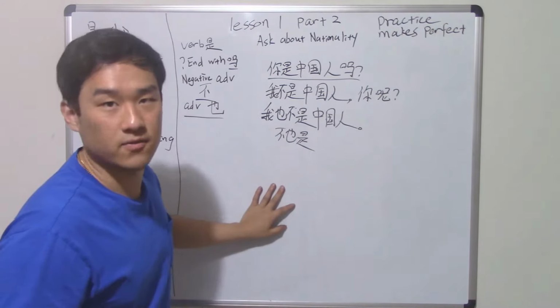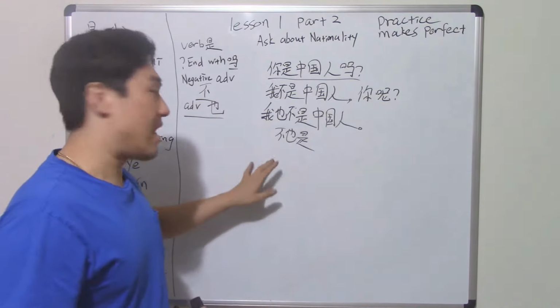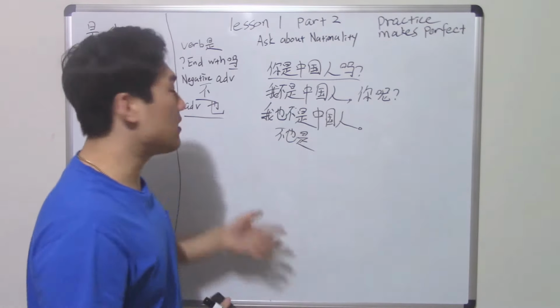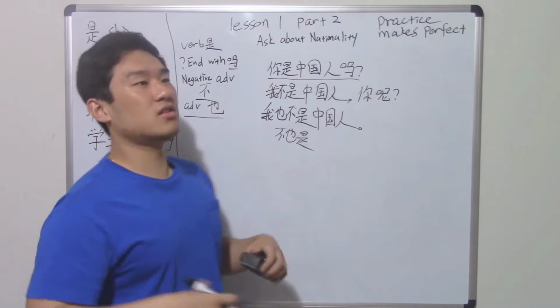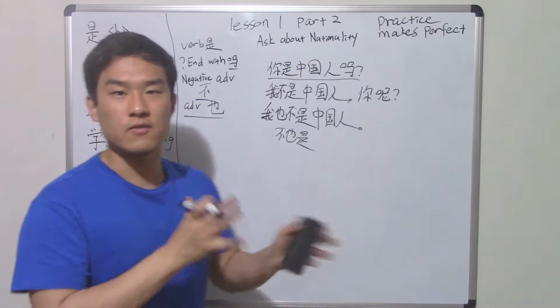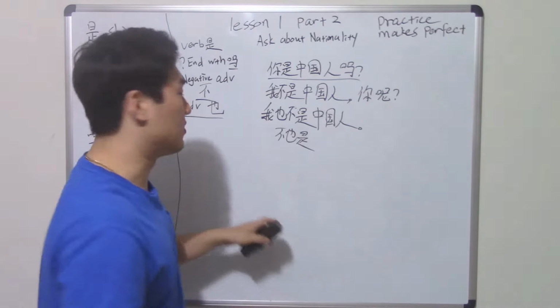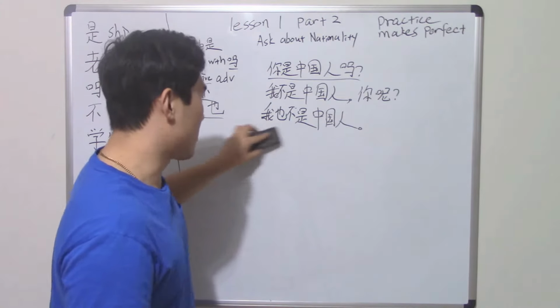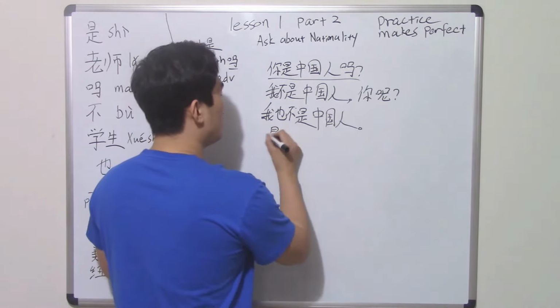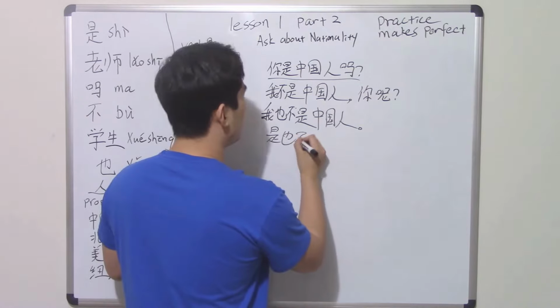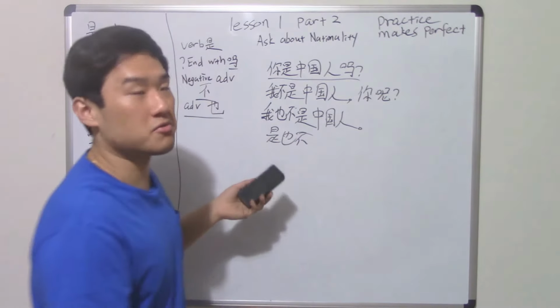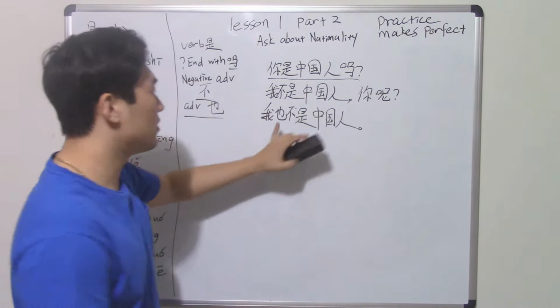That's not a negative. That makes sense in its own way for different things. 我不也是中国人, I'm not going to confuse you on that, but that wouldn't work if you want to say I'm also not Chinese. Or whatever that combination is, 也是也不, that also doesn't work. So the only way it will work is this.